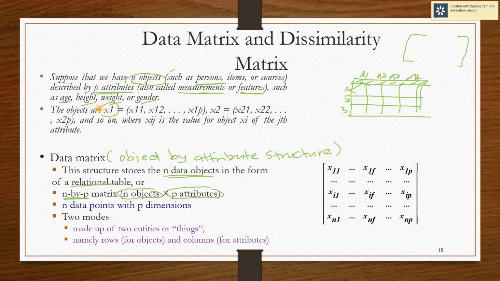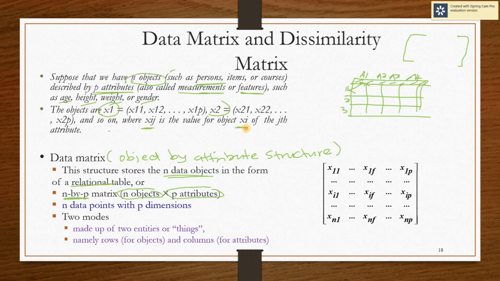X2, and so on, where Xij is the value for object Xi, the ith row, for the jth attribute. The first index represents the row and the second index represents the column, so column 1 represents the first attribute.